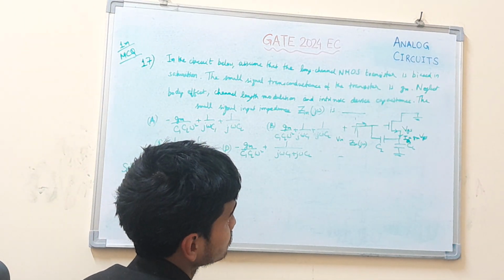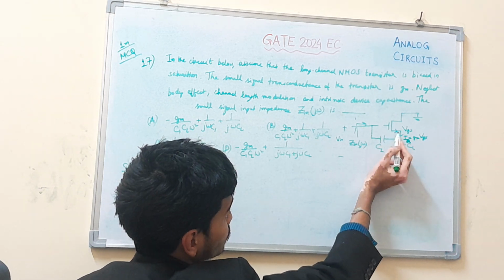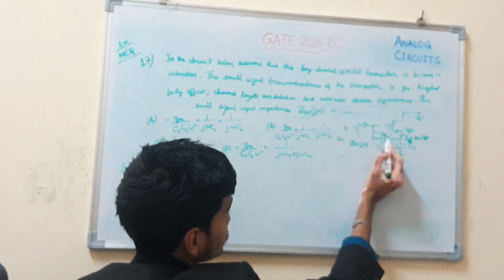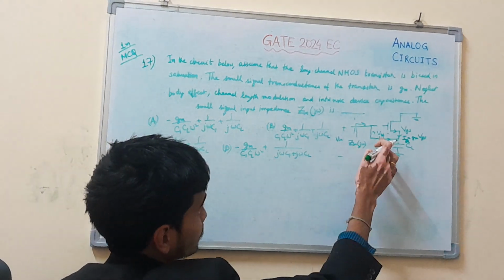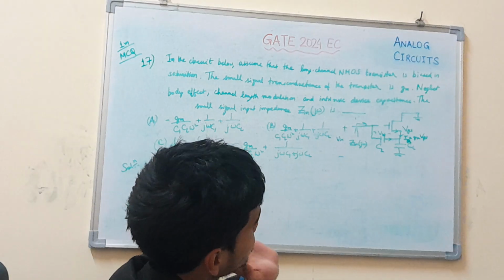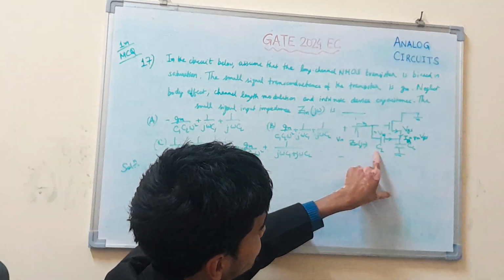The voltage across this gate and source is VGS. The current through this is VGS by the capacitive impedance of CL, that is j omega CL into VGS.